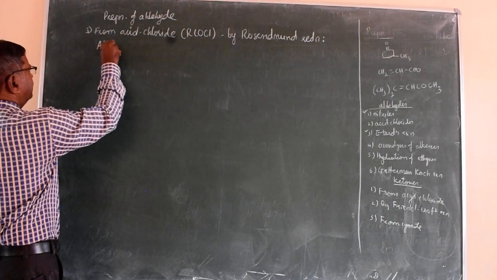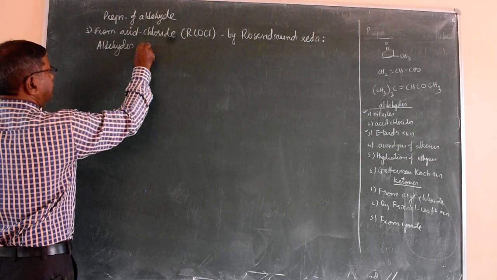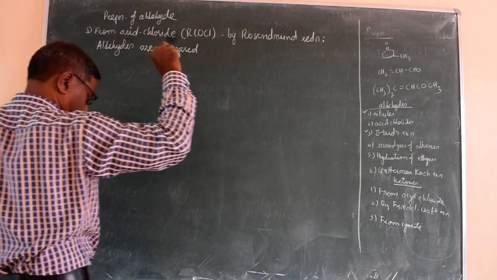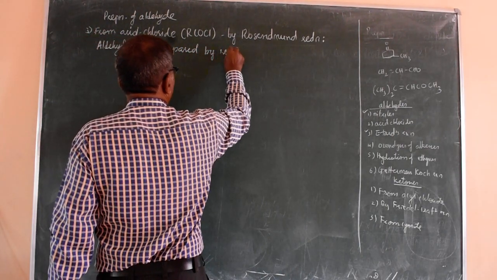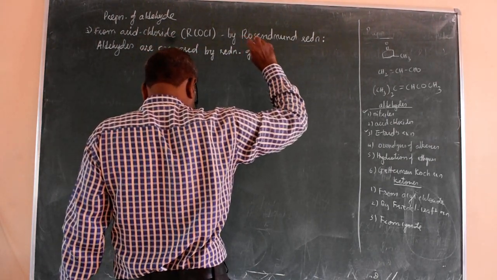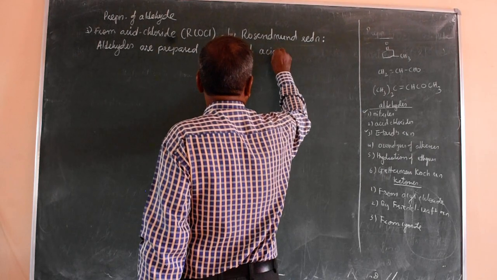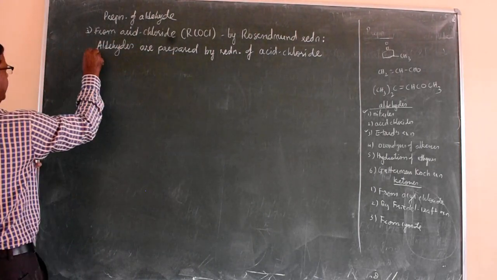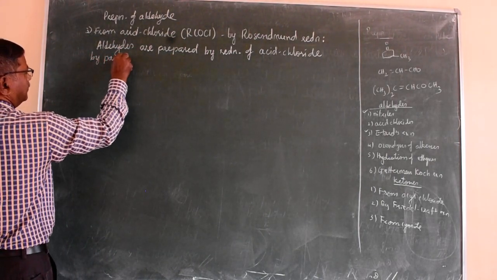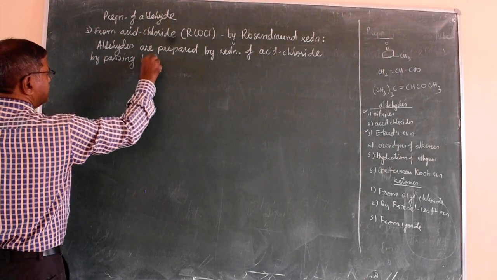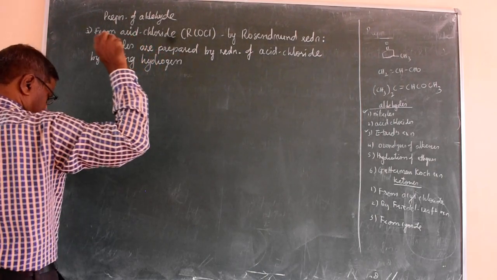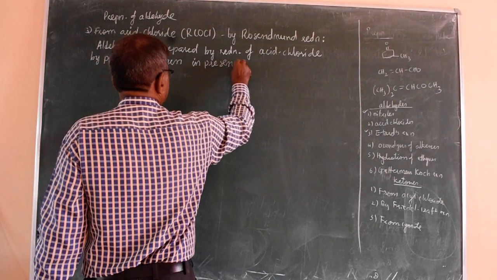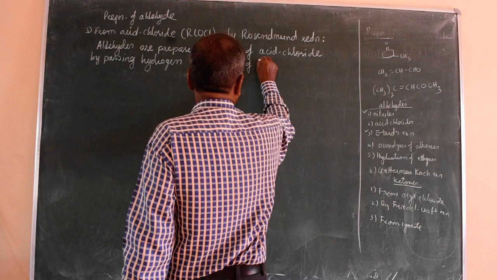Aldehydes are prepared by reduction of acid chloride by passing hydrogen in the presence of palladium.